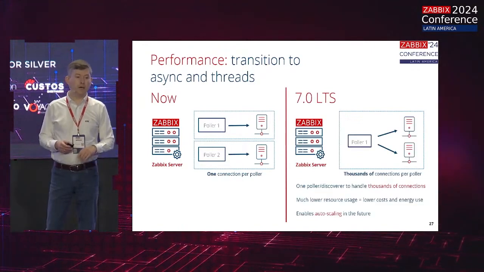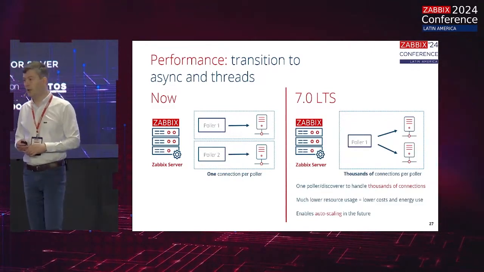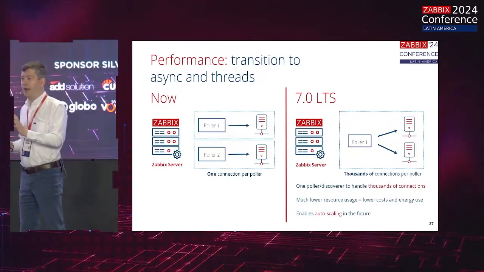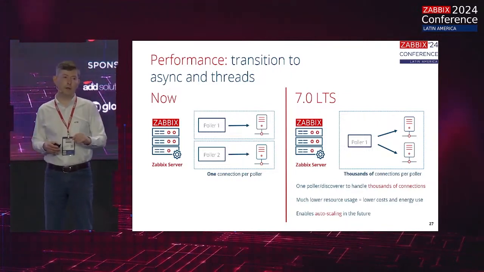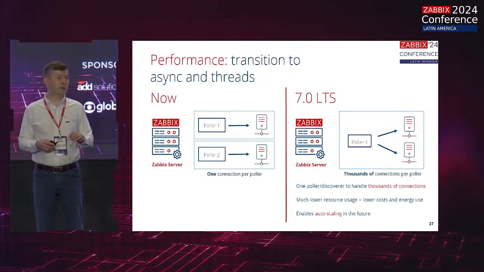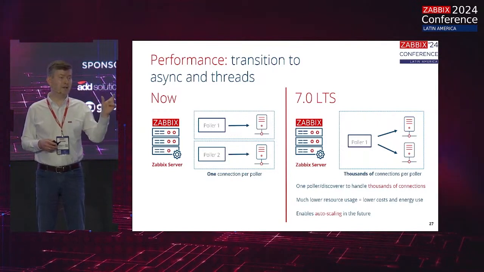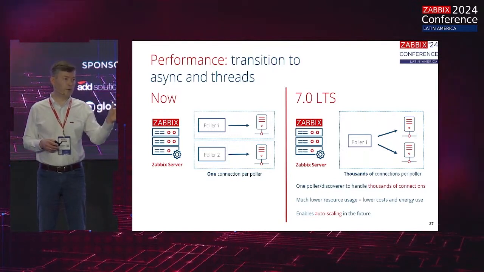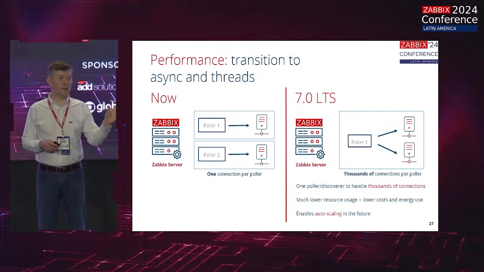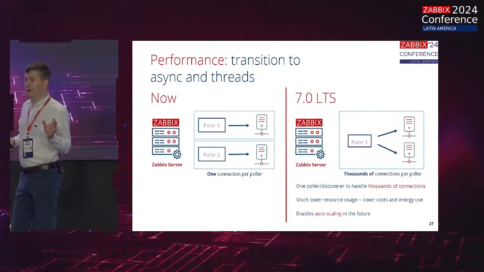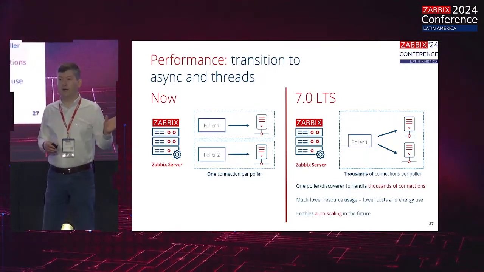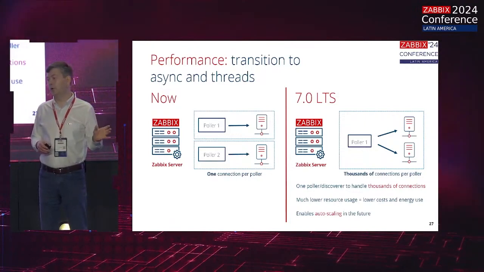All right, with Zabbix 7.0, we transition to the use of threads. We are transitioning to asynchronous data collection, and it means that now you have a single poller, just one process, and this process is able to take care of collecting and managing thousands of connections in parallel, asynchronously.